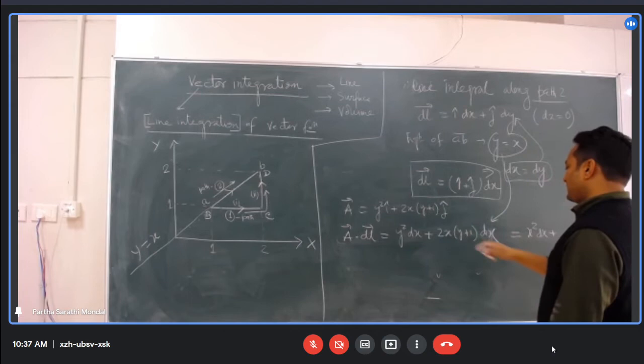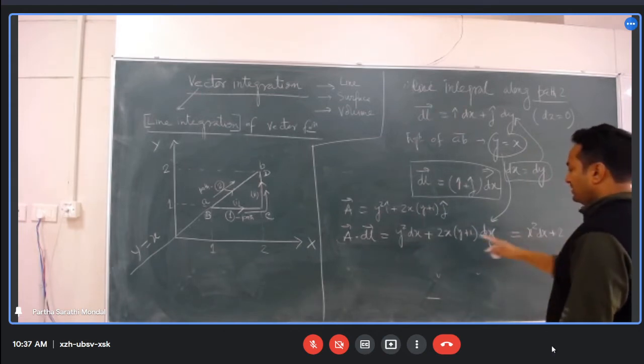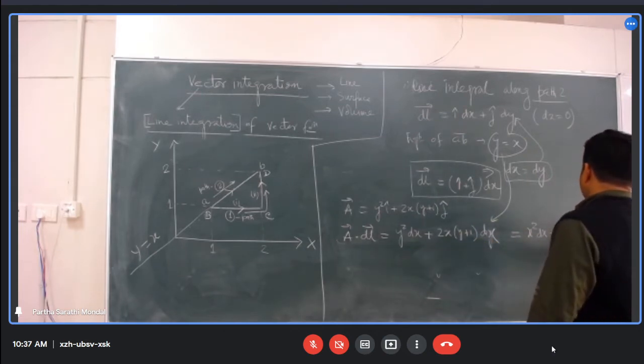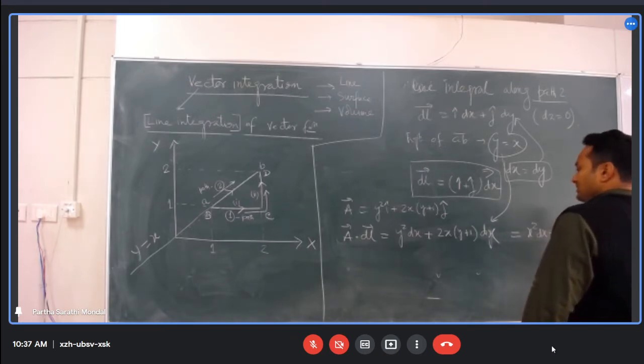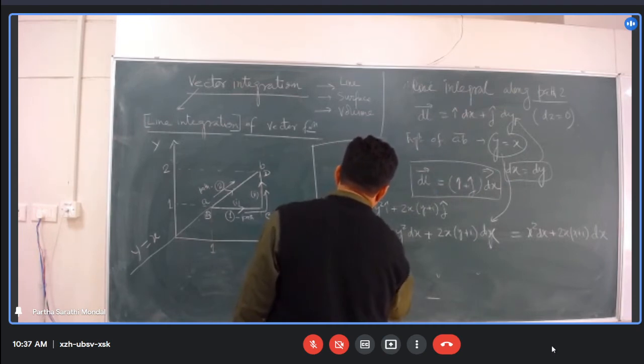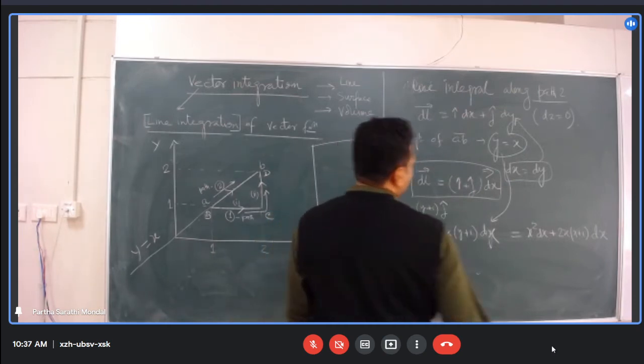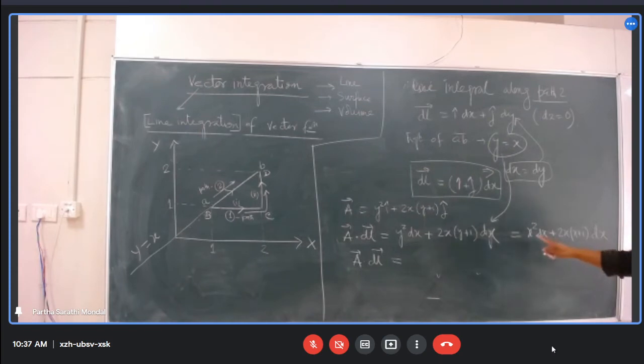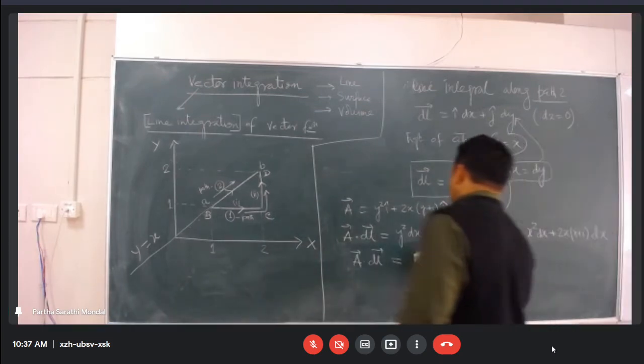The j part becomes 2x into x plus 1 into dx. So your a dot dl becomes 3x squared plus 2x dx.